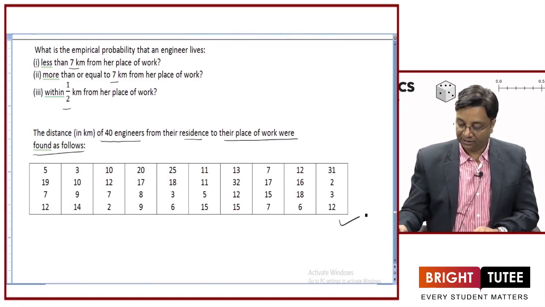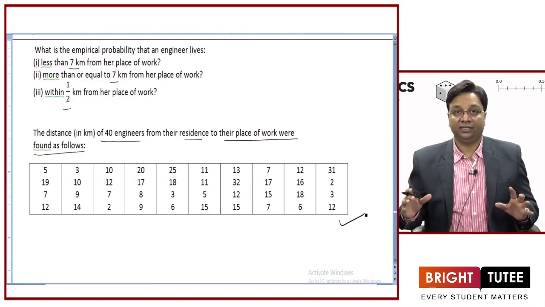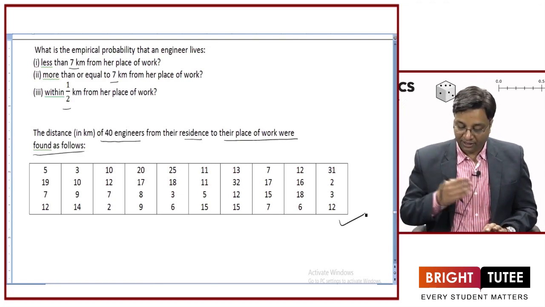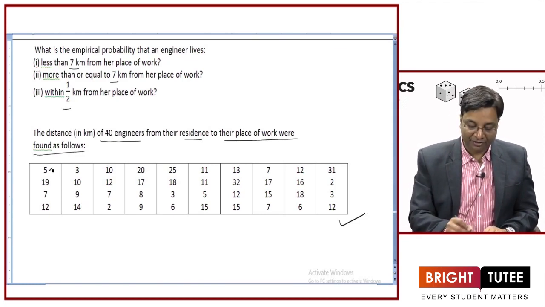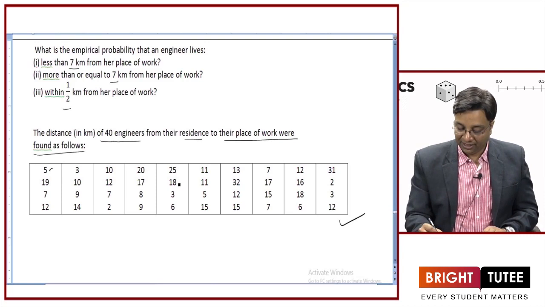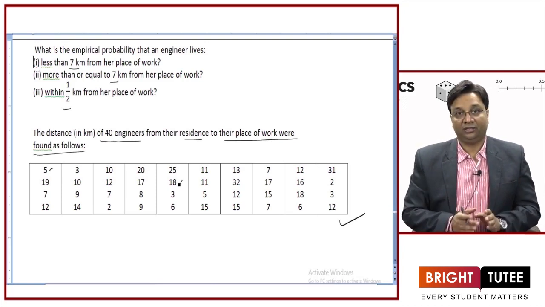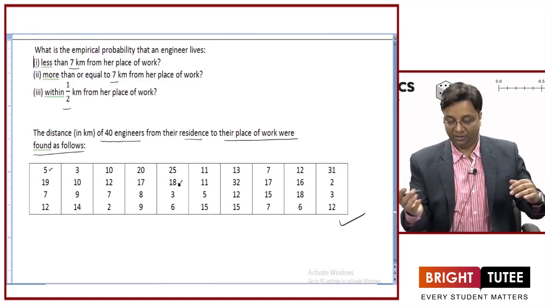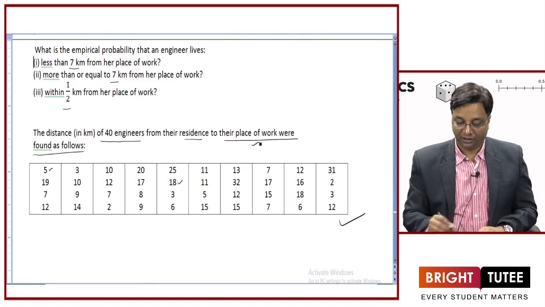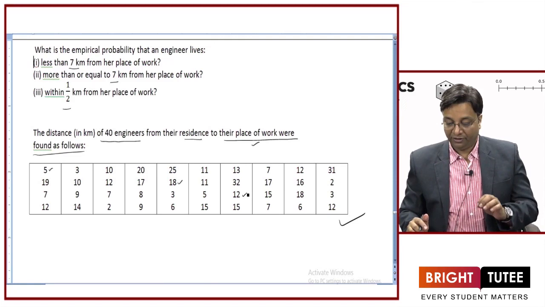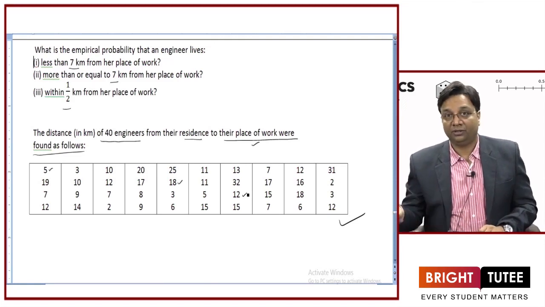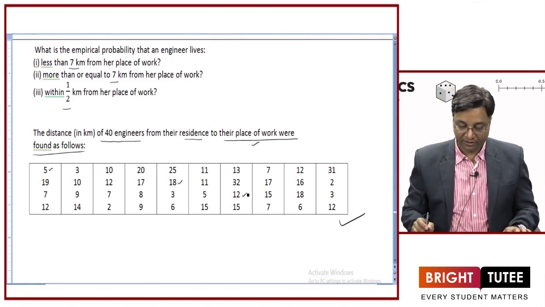These are the distances of 40 engineers from their residences to their places of work. This is 5 kilometers. One of the engineers lives 18 kilometers away from his or her place of work. One of the engineers lives 12 kilometers away from her place of work. This is the way we will interpret this data.